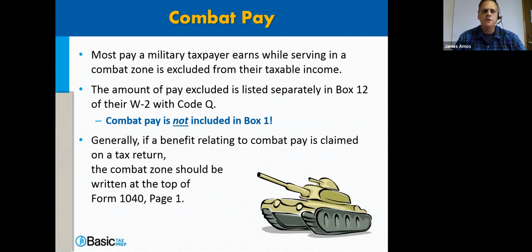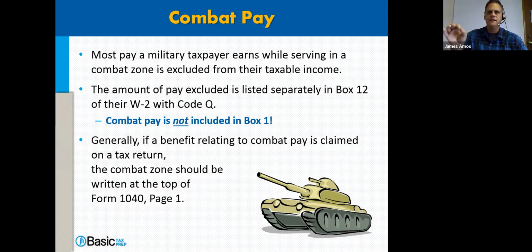So now there's a thing called combat pay. Combat pay is when a person is serving in a combat zone, and the IRS has special rules that say when you're in a combat zone, we're not going to tax you on that pay because you're in such a high risk environment. It's just a way to reward somebody. If they have combat pay, it's always going to be reported in box 12 on the W-2, and it's going to have code Q. So it's going to have the code Q and then the amount that was excluded.